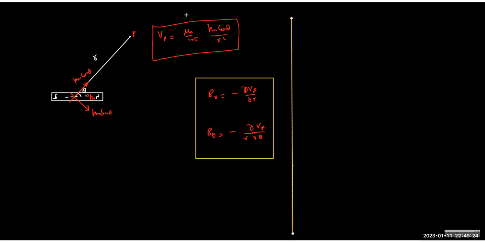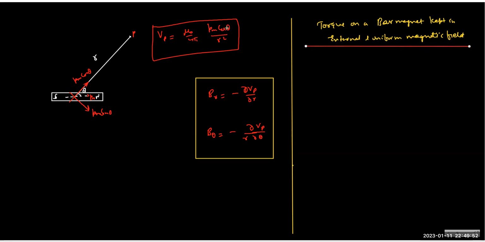So we can say torque on a bar magnet kept in an external uniform magnetic field. Imagine if you have a bar magnet.